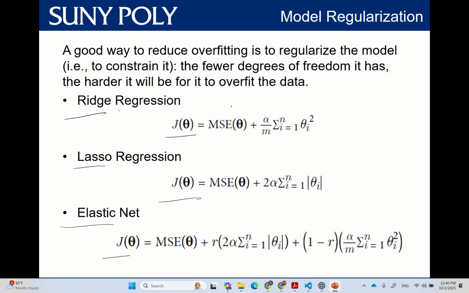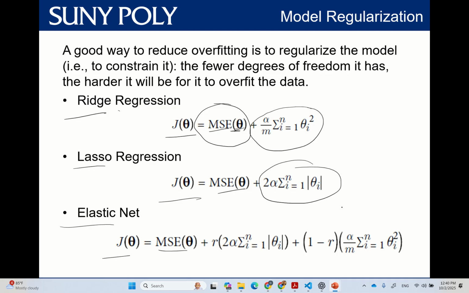Remember, originally we were trying to minimize the mean square error, right? We want to estimate the model parameters to minimize the mean square error because we want to have a good model. So we have the mean square error in the three methods. Now the change is in the second part of the equation.